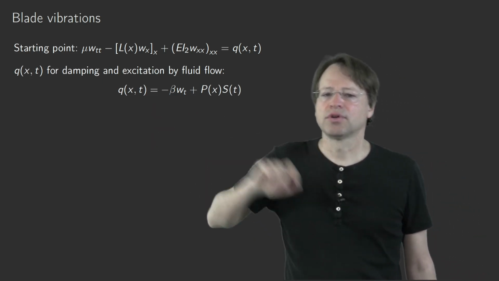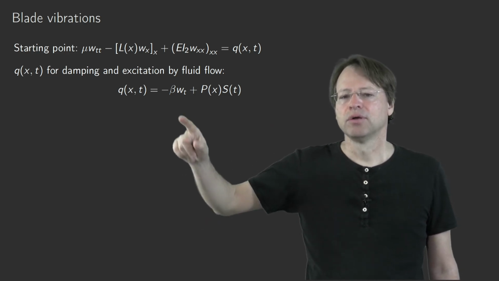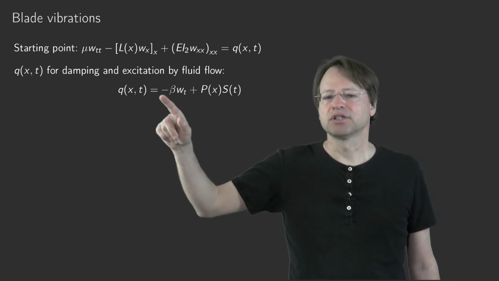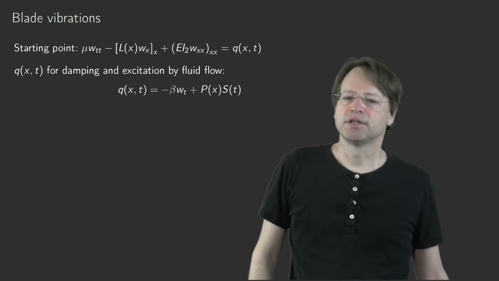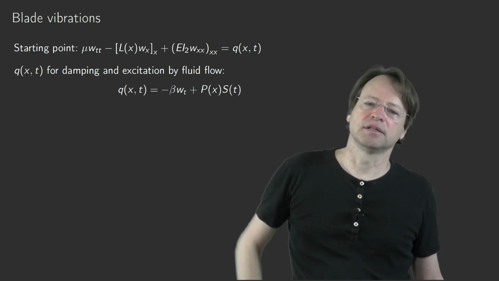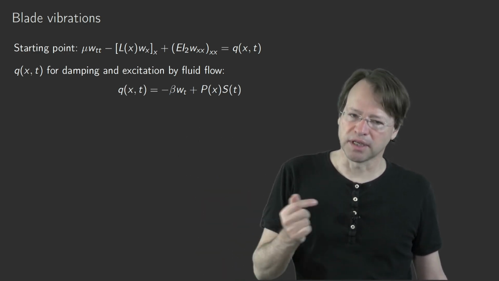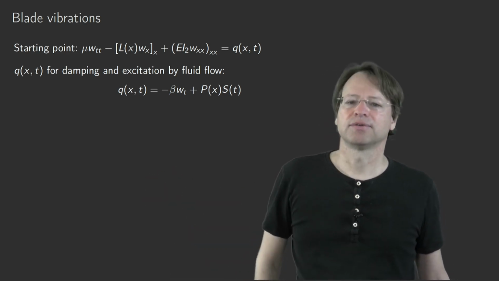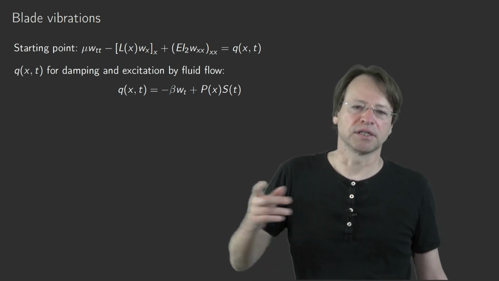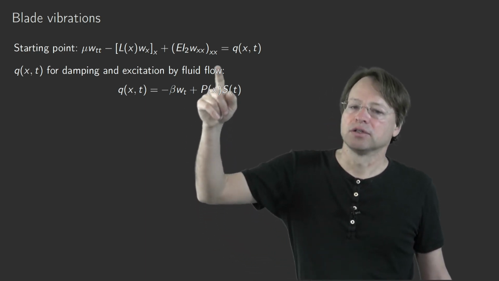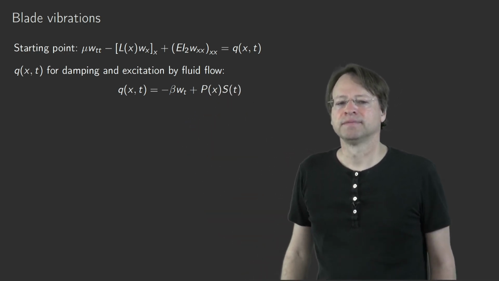So what we assume for Q is a damping which is velocity proportional with a coefficient of beta. It appears with a negative sign because then it would have a positive sign on the opposite side, where it usually has a positive sign. So it is a damping effect. One could also say it's a negative force with respect to excitation because it tries to transfer energy from the system into some other kind of energy. And then we have the true excitation coming from the pulsating flow, from the fluid flow.